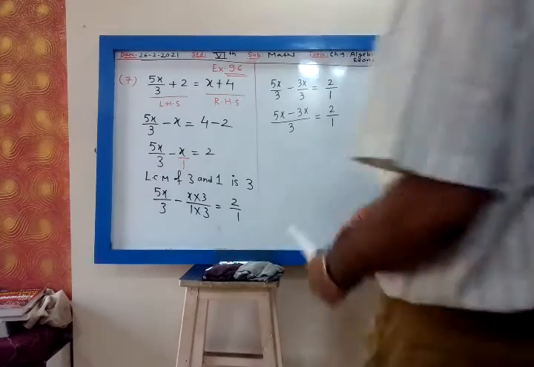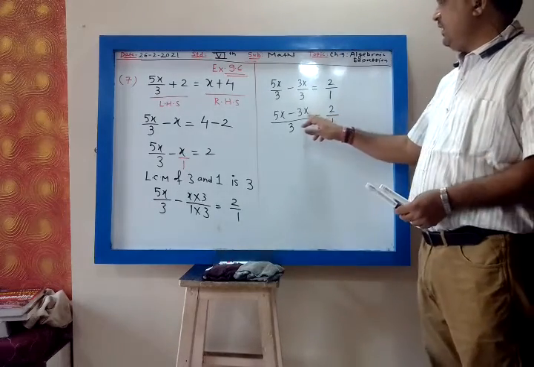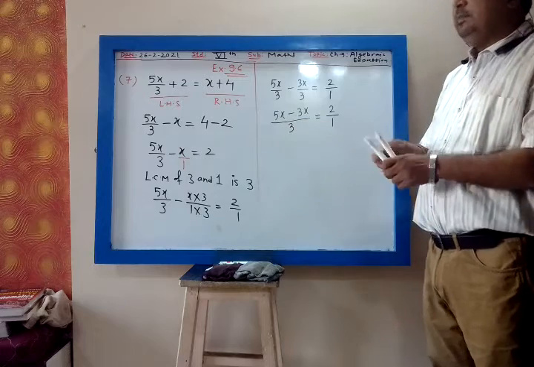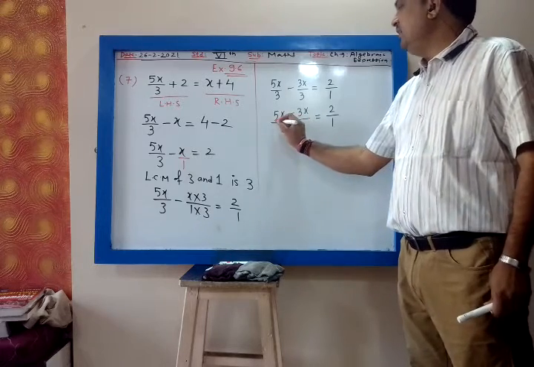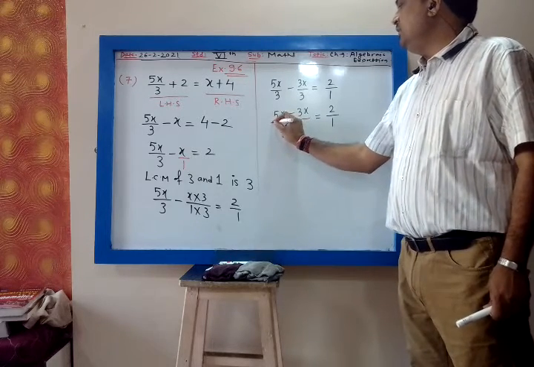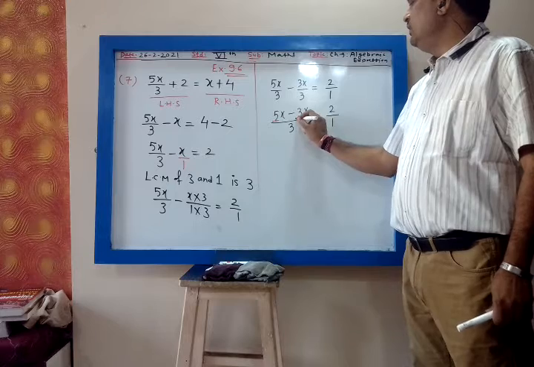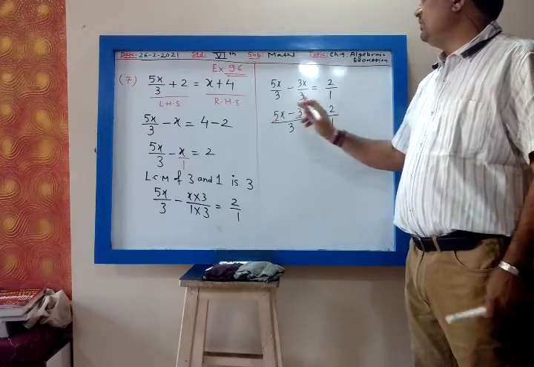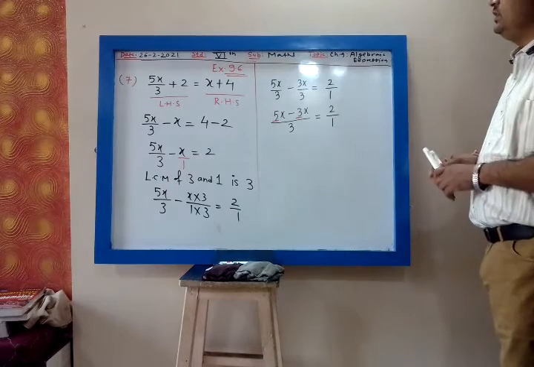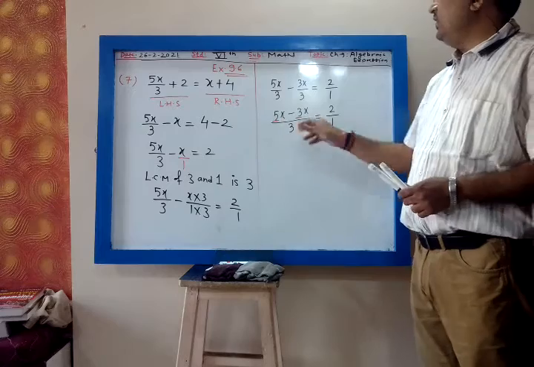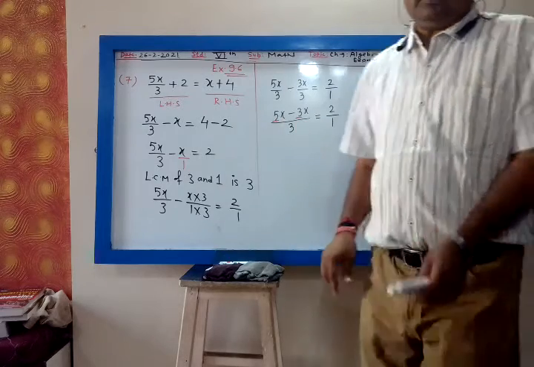Now, whenever variables are same, x, we simplify their coefficient. This is 5 and this is 3. Variables are same, x. So we simplify their coefficient. What is 5 minus 3? 2x.